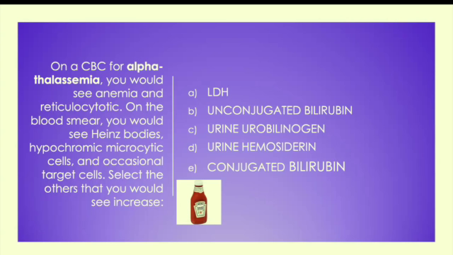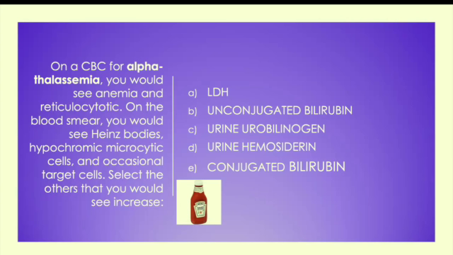So just FYI. And then, so the reason LDH is elevated in alpha thalassemia is because there's increased hemolysis of the red blood cells. And then the unconjugated bilirubin is going to be high because alpha thalassemia can lead to increased red blood cell breakdown, resulting in an elevation of unconjugated bilirubin, which is a breakdown product of hemoglobin.